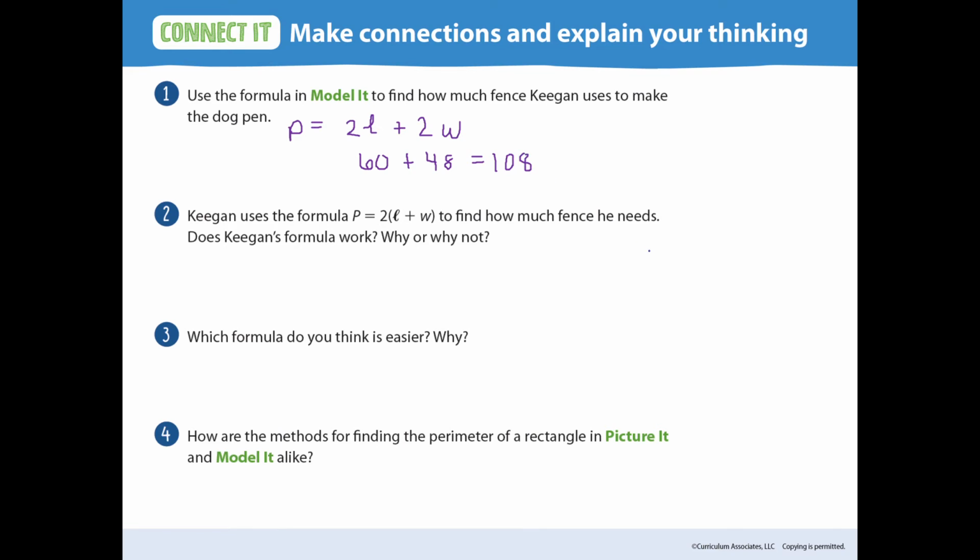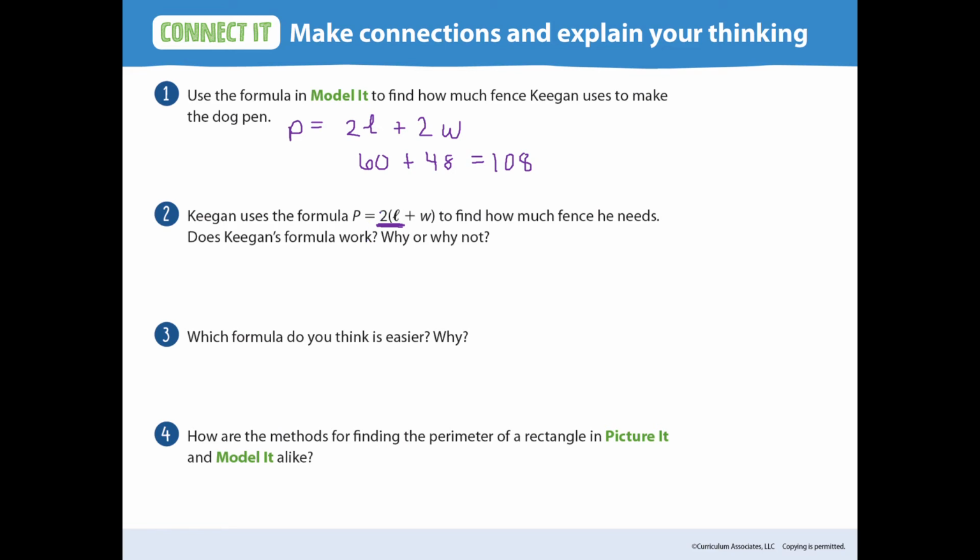Number 2, Keegan uses the formula P, which stands for perimeter, equals 2 parentheses L plus W to find how much fence he needs. Does Keegan's formula work? Why or why not? Now, I know a lot of students sometimes get confused about this part right here because it looks like there's not actually a mathematical sign right there.